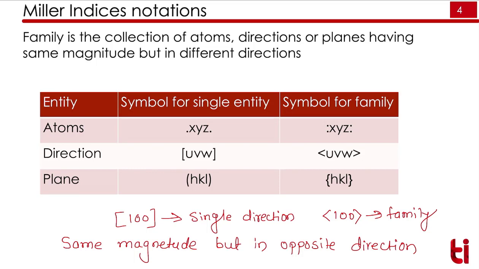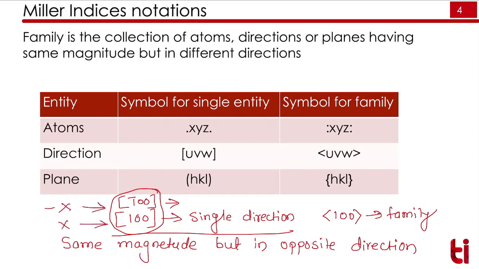So 1, 0, 0 is for a single direction. I can also write this as minus 1, 0, 0. These two belong to the same family. The only thing is that this is along the positive x-axis, this is along the negative x-axis. That is the meaning of family of directions and planes.